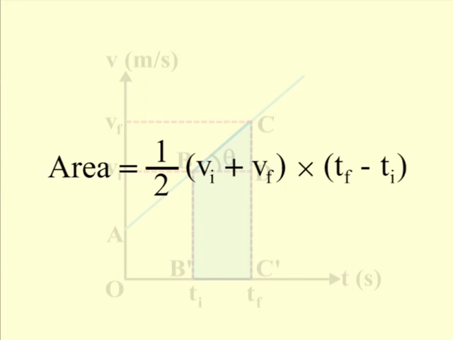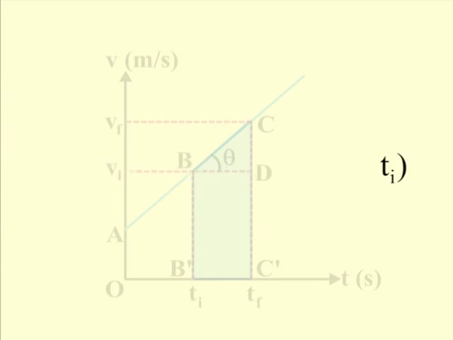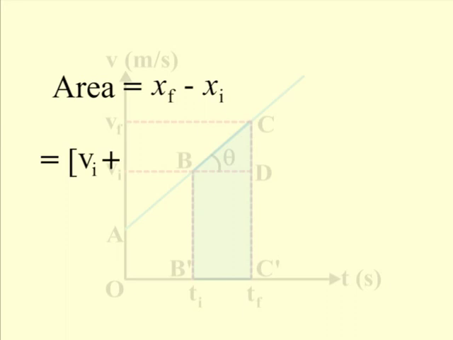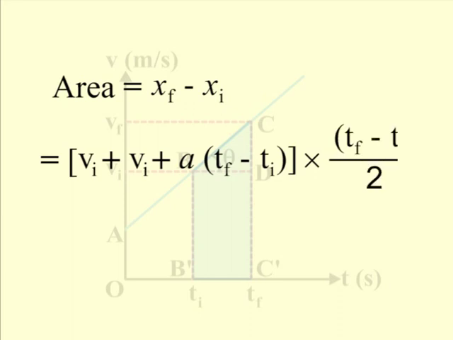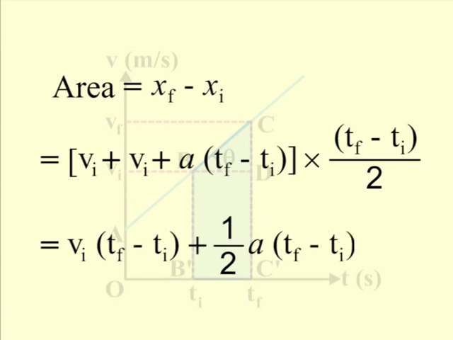On substituting the value of Vf from the velocity-time relation, the area enclosed, or the change in position, becomes xf minus xi equal to the sum of Vi and Vi plus A into Tf minus Ti, and the whole is multiplied by half of Tf minus Ti, which is further equal to Vi into Tf minus Ti plus half of A into the square of Tf minus Ti.